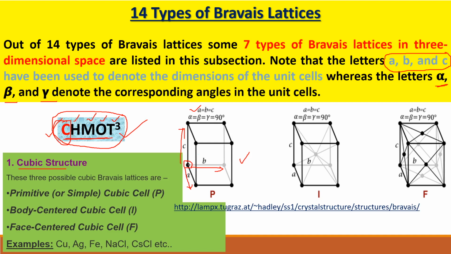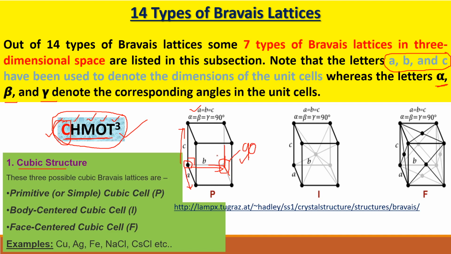Okay, if we calculate the angle here, it shows 90 degrees: alpha, beta and gamma. We have to consider three axes here, x, y and z, and if we calculate the angle between this one, again this one and again this one, each angle is 90 degrees.